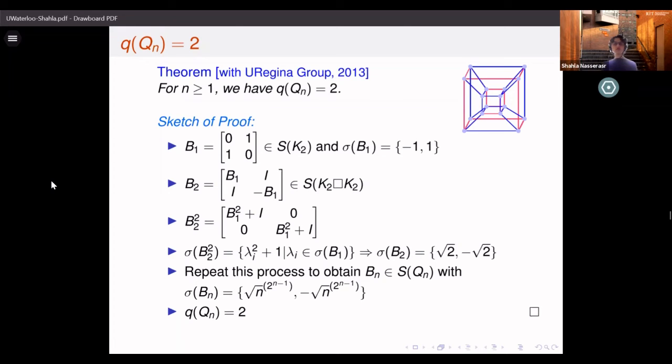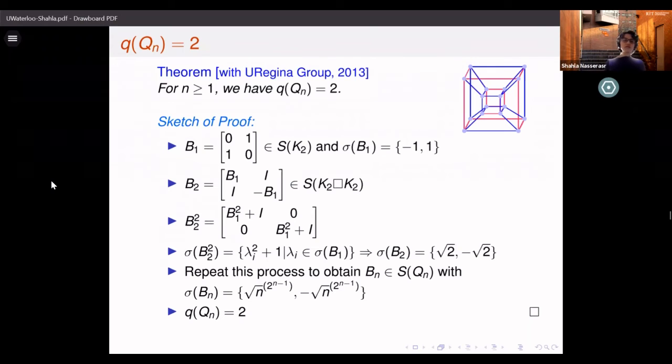And if we continue this way, we will see that Bn, which is the matrix of the Qn, is going to have 2 distinct eigenvalues, one to be square root of n and the other to be minus the square root of n. And the key here for the sensitivity is that they have the exact same multiplicities.